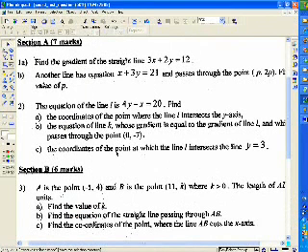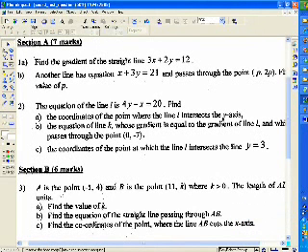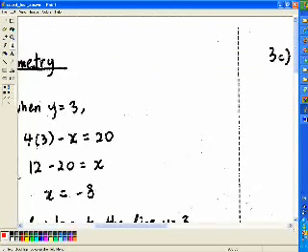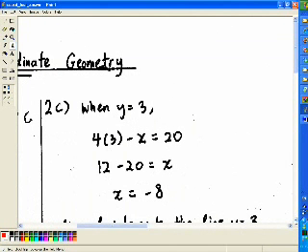2c. The coordinates of the point at which line L intersects the line y equals 3. This question is very much similar to question 2a. In question 2a, we know that the y-axis is actually x equals 0. In 2c, in this case, it is y equals 3. So for 2c, since you know that y equals 3, you just put 3 into the equation.